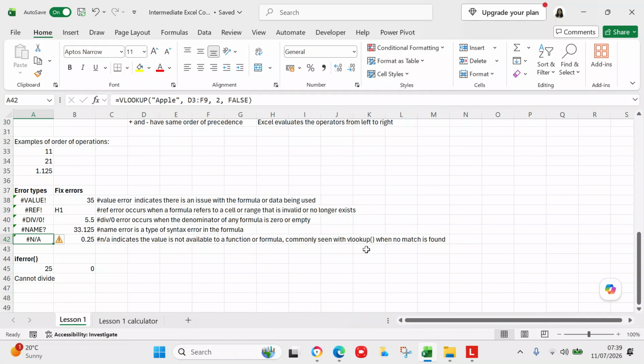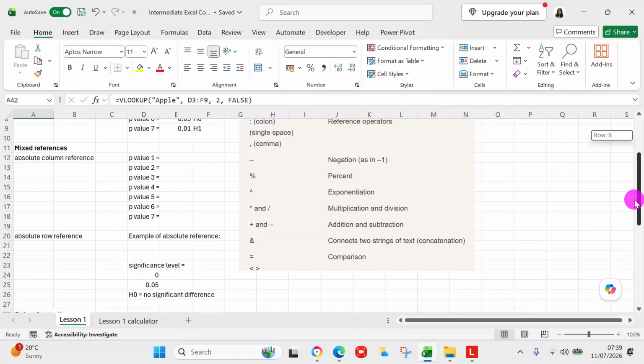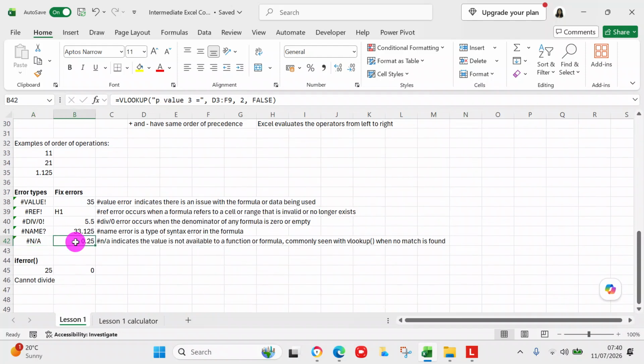Well, there's not any apple in D3 to F9. So we fix it by saying VLOOKUP brackets p-value 3 equals, because we got that, and then we look in the range D3 to D9, and then you look in column 2 of that, and false means it's the exact spelling, and so you have 0.25 is what it prints out.